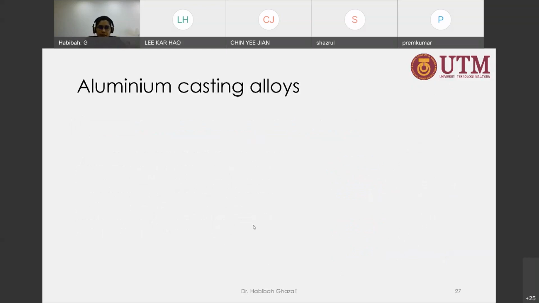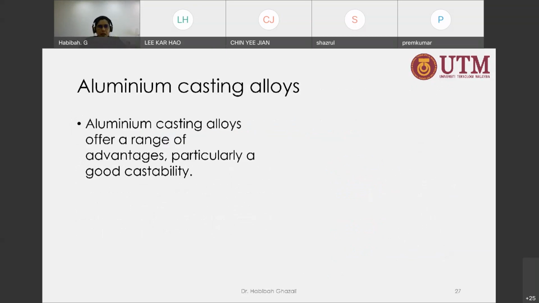And if we have a look at the other classification, the casting alloy, the aluminum that is classified as the cast aluminum offers another advantage. The aluminum casting alloy offers a range of advantages, particularly the ability to be cast properly.